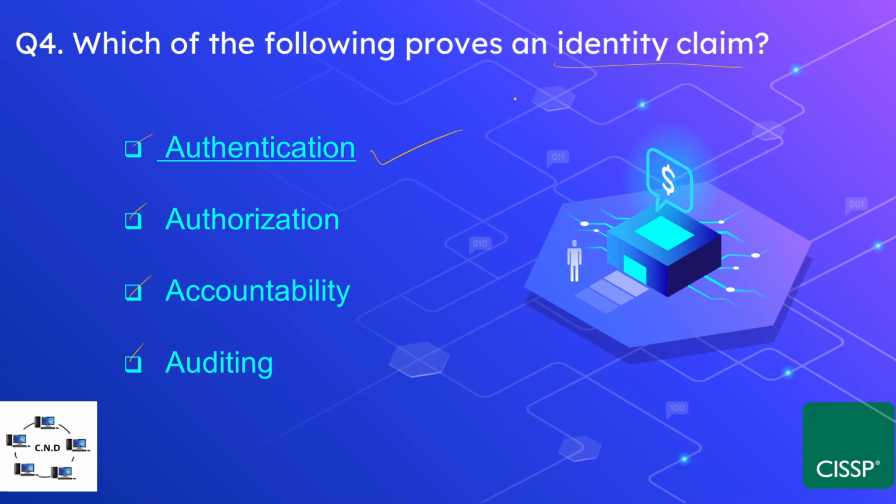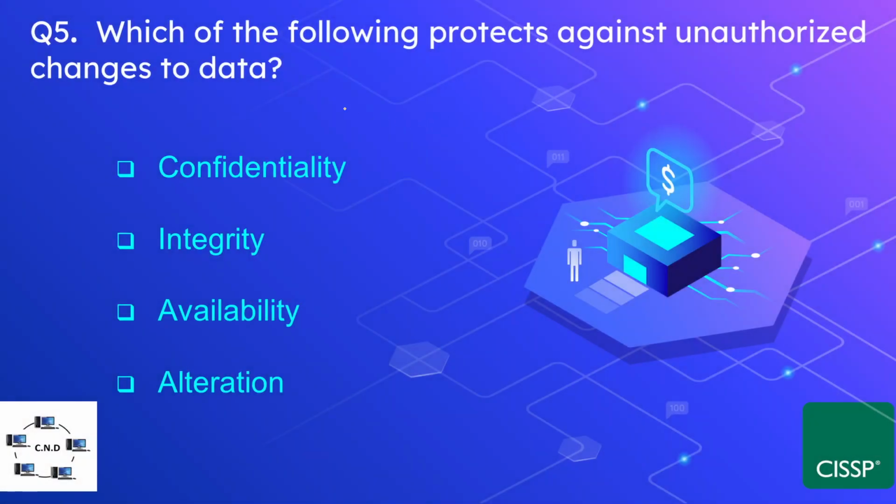So when you log into a website or an email account and you give a username, that is the identity, and when you give your password, that is actually your authentication. So the identity claim is proven through the password, and this process is known as authentication.